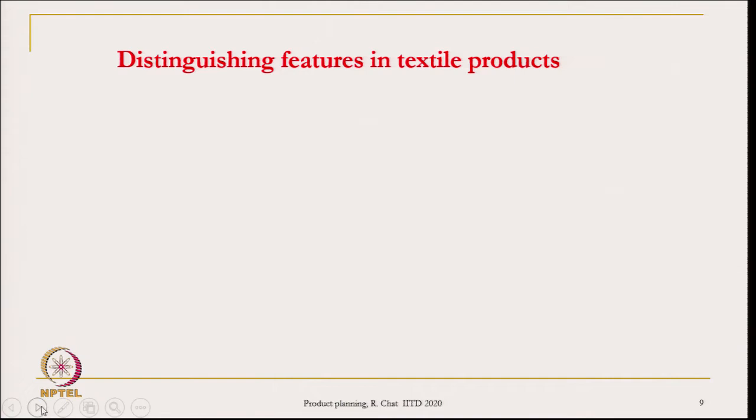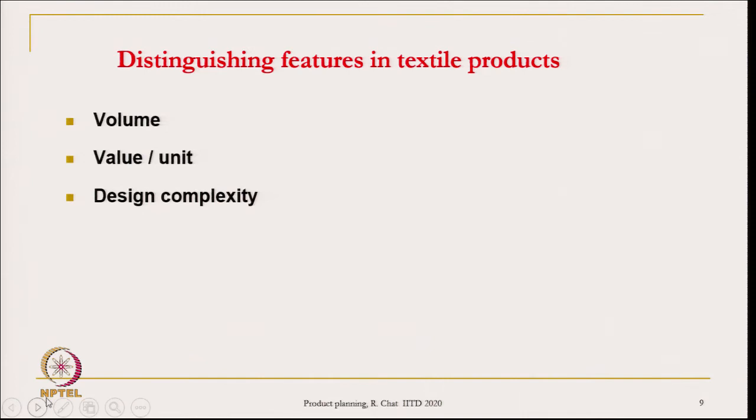Okay. Now, distinguishing features in textile products. One important distinguishing feature is volume. The other is value per unit, and the third distinguishing feature is design complexity.